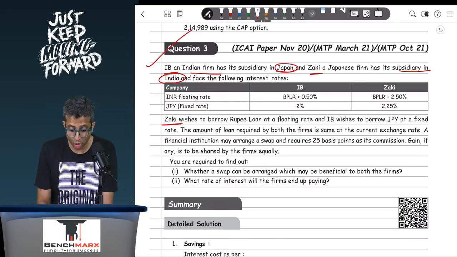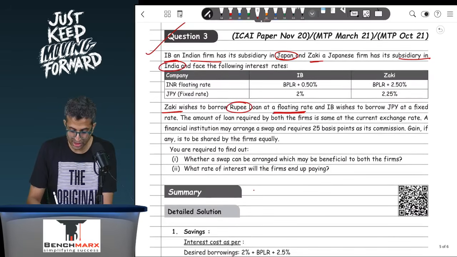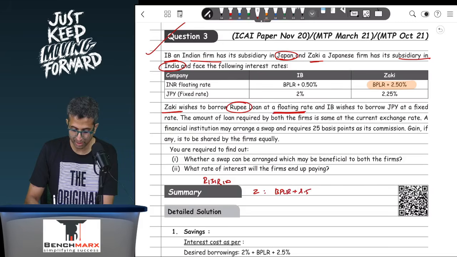Zaki wishes to borrow rupee loan at floating rate. So if I look at the desired, what Zaki desires is it wants to borrow rupee loan at floating. Now Zaki can borrow rupee loan at floating at BPLR plus 2.5%. So for Zaki, this is BPLR plus 2.5%, and IB wishes to borrow JPY loan at a fixed rate.